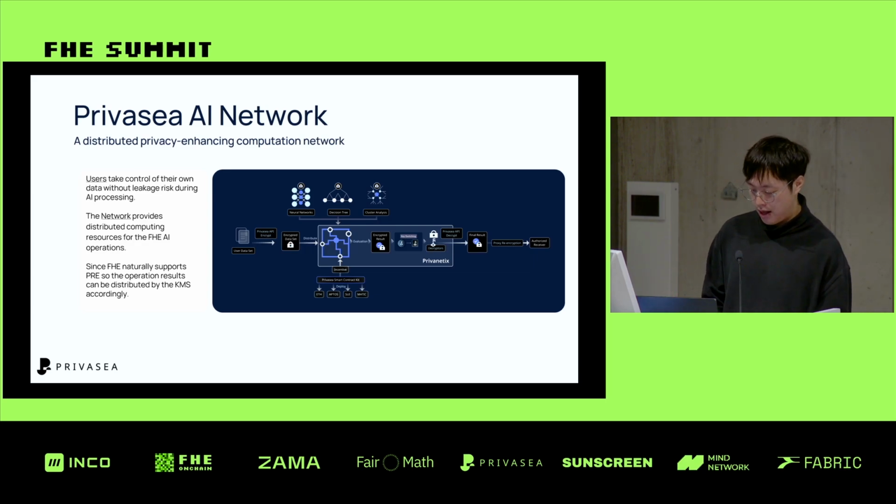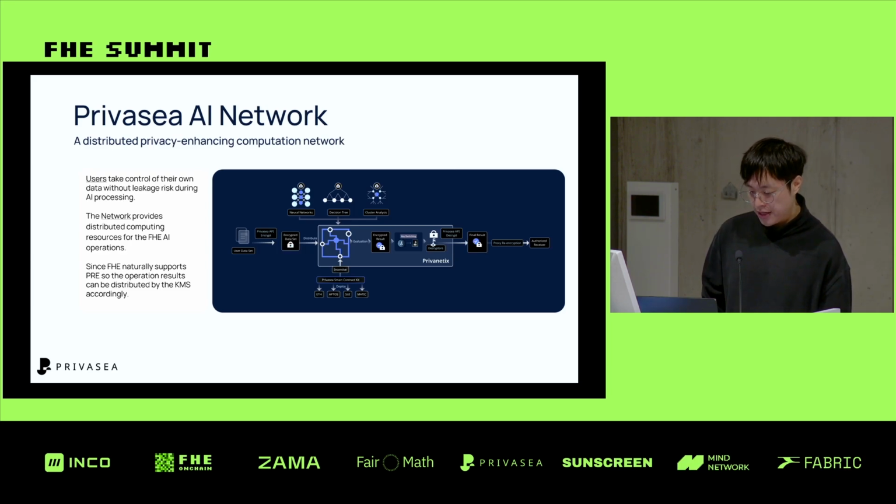This is our Privasea AI network. It is a distributed privacy-enhancing computation network that allows users to control their data without risk of leakage during AI processing. Especially, we have utilized machine learning techniques to mine the value of data, and then we use privacy-enhancing technologies, especially FHE, to protect users and data privacy, and then distribute computing power on blockchain to provide computing power support for the network.